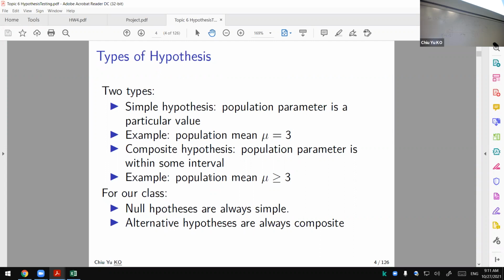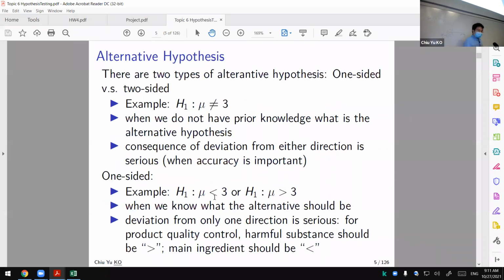Okay, so that is the way we do. As we said, null is always simple. The alternative can be composite, and composite in many different ways.